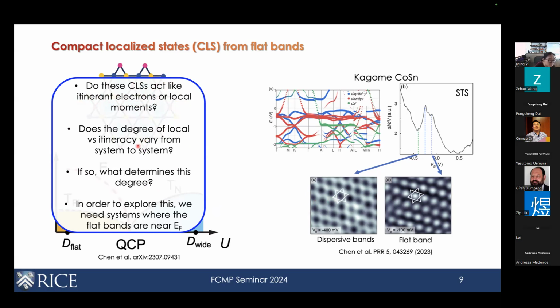I think this is fundamentally a very interesting problem. It's very fundamental, as far as I understand, to the correlated topology problem, because topological flat bands have this touching point which you cannot easily gap out. So the question is, how do these states contribute to the formation of electronic orders?